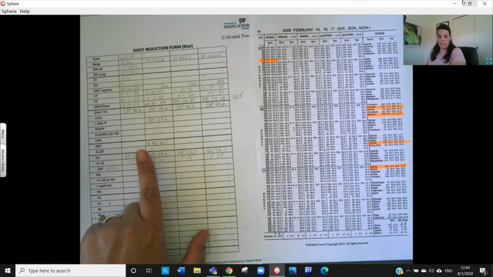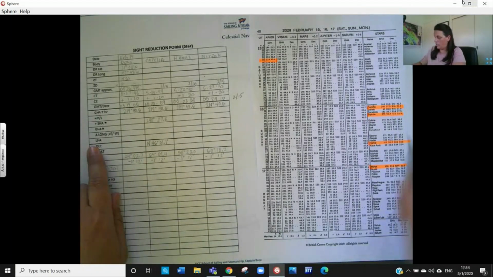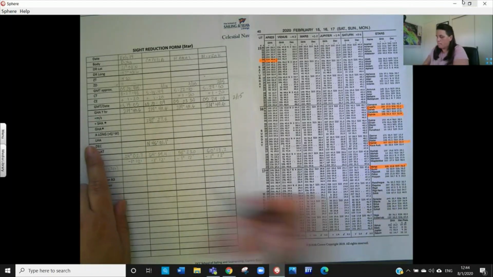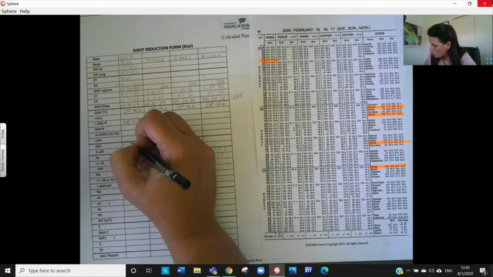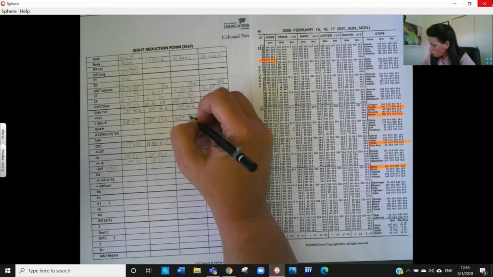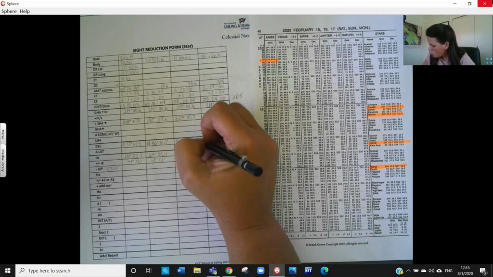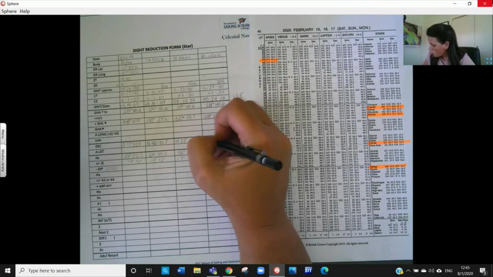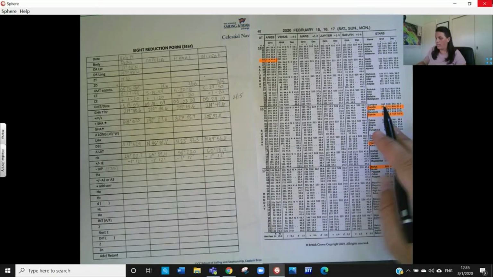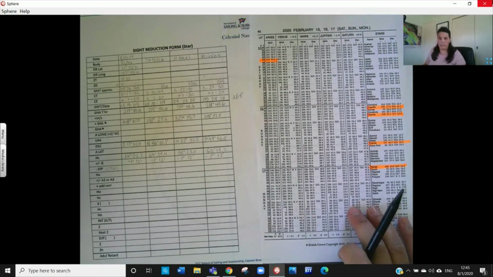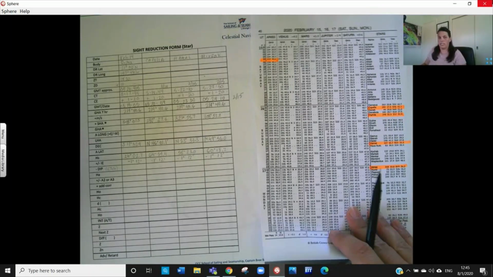I'm just plugging in my SHA and declination using the information here. Okay, so now I've plugged in everything I need from this page. So we're done with that one, and we'll go to our minutes and seconds to add in what we need here.